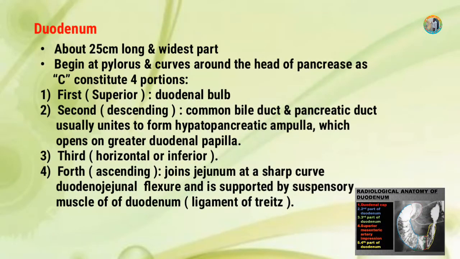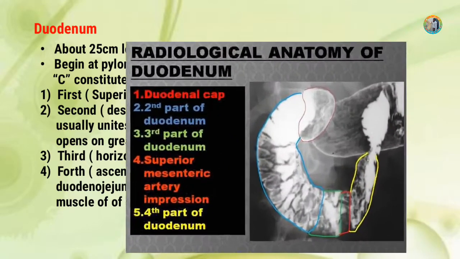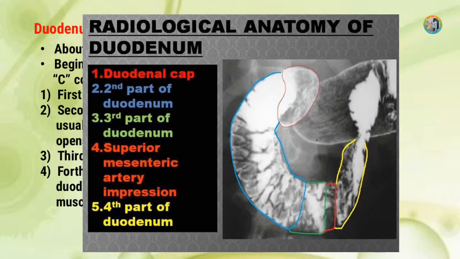The duodenum, about 25 cm long and the widest part, begins at the pylorus and curves around the head of the pancreas as a C. It contains 4 portions: first, superior, that is the duodenal bulb; second, the descending part, where the common bile duct and pancreatic duct usually unite to form the hepatopancreatic ampulla, which opens on the greater duodenal papilla.